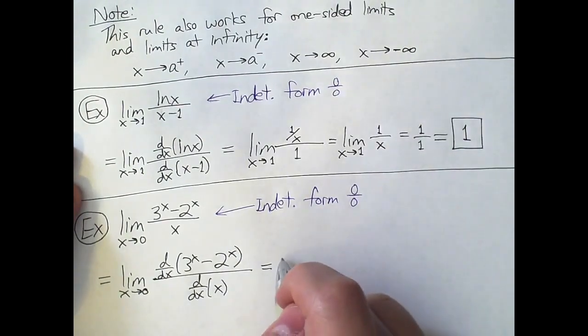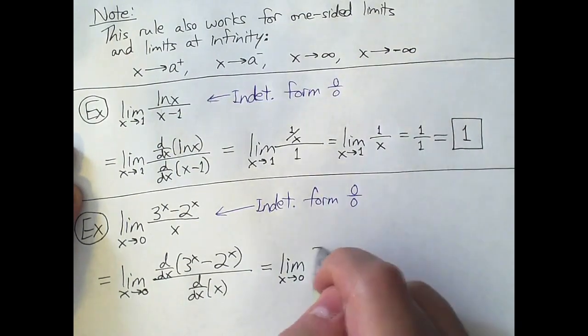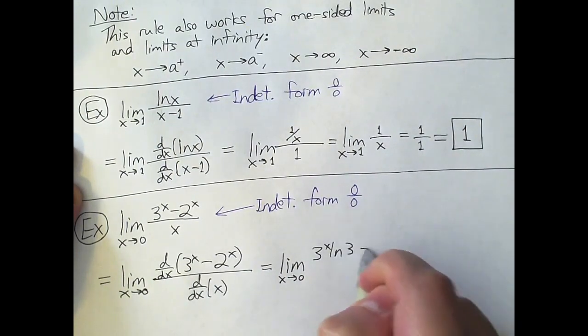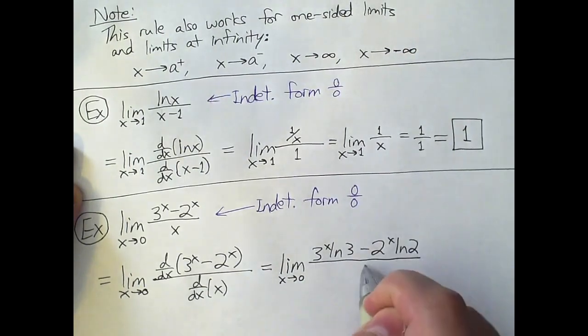And we couldn't really talk about L'Hopital's rule back then because we didn't know about derivatives yet. So that's why this fits in perfectly here. The derivative of the top is 3 to the x ln 3, and then minus 2 to the x ln 2, and the derivative of the bottom is just 1.